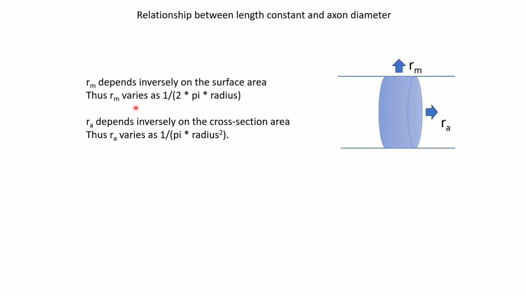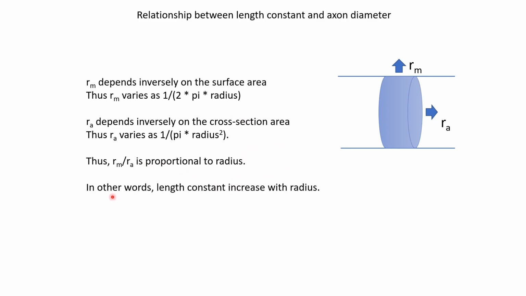So we have Rm inversely proportional to radius and Ra inversely proportional to radius square. So when we look at Rm over Ra, it becomes 1 over radius divided by 1 over radius square, or becomes proportional to radius. So root Rm over Ra would be proportional to square root of radius.